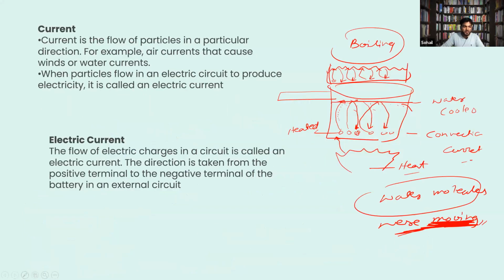Also, यहाँ पर हमने देखा one more thing which we saw here. There was a thing of temperature difference also here. यहाँ पर water की जो temperature है, high temperature मिल रही है water को, right? While here the temperature is low. यहाँ पर temperature difference भी हमें देखने को मिलता है.